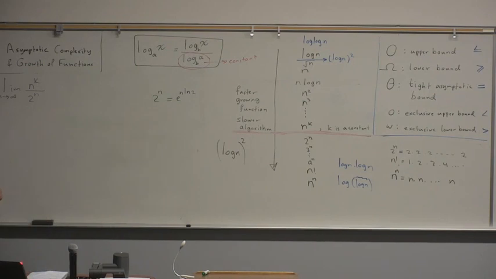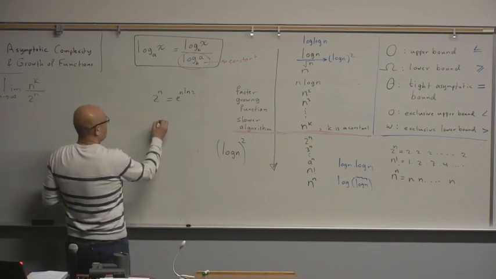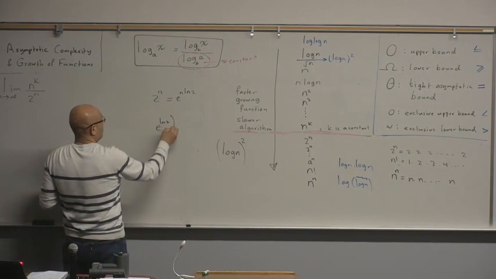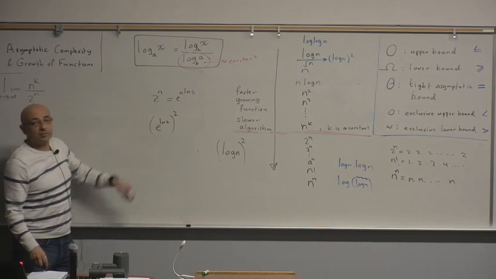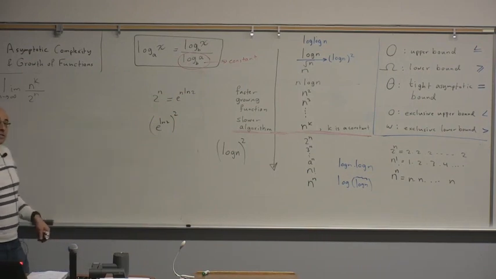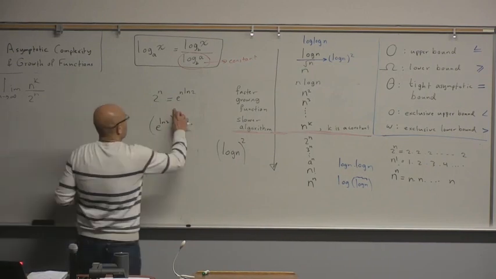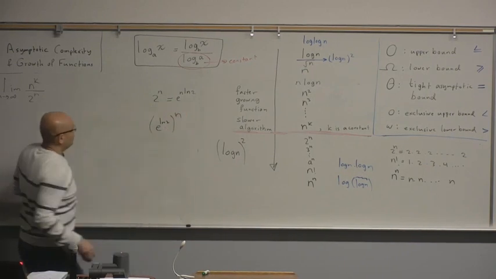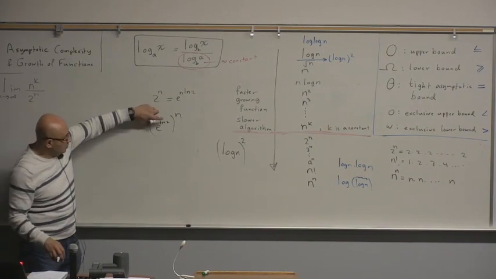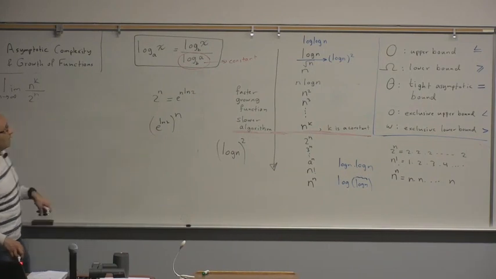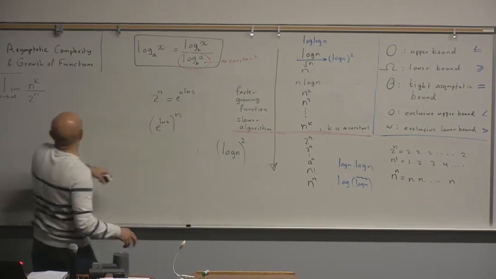This is something you can prove easily, because e ln 2 and ln are inverse functions, so e power ln 2 is 2, and 2 power n is equal to e power n ln 2.